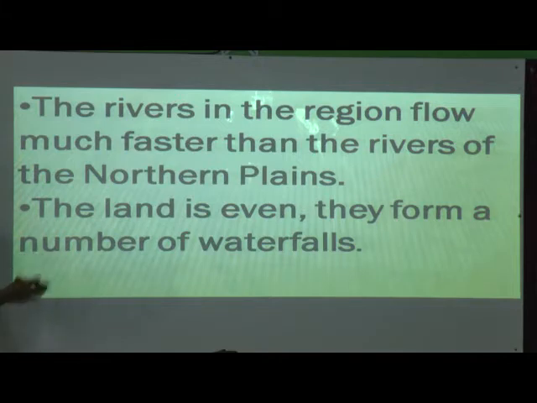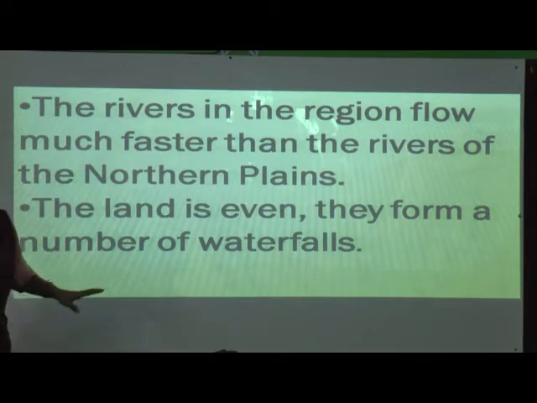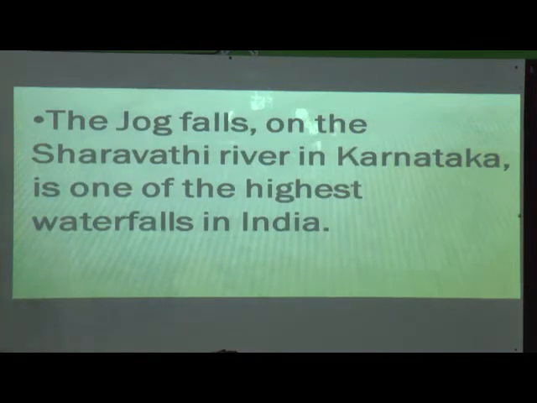They form a number of waterfalls. Waterfall occurs when it goes flat and then you can see it going down. Water will come forcefully and fall down, very fast. So the jog falls are there, waterfalls are there. Jog Falls on the Sharavati river in Karnataka is one of the highest waterfalls in India.